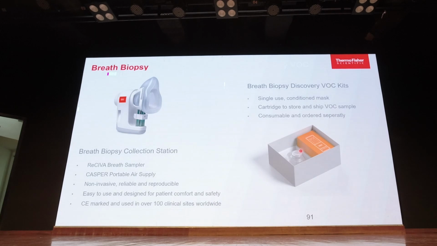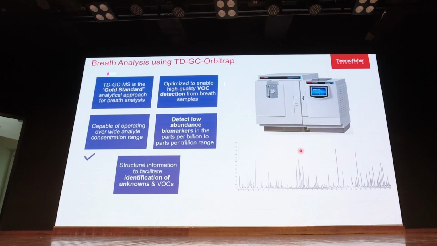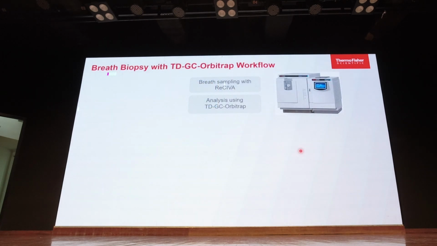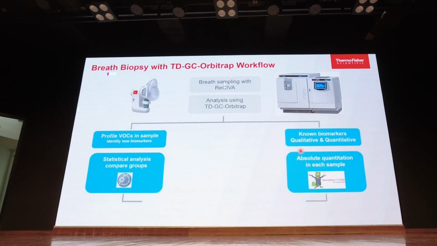So this is the breath biopsy station. It can be taken to the site of the patient. It's totally non-invasive and uses GC Orbitrap. Just concluding: once you profile the VOCs and find the biomarkers, you can do a quantitative analysis.